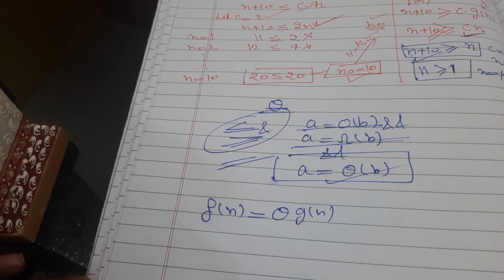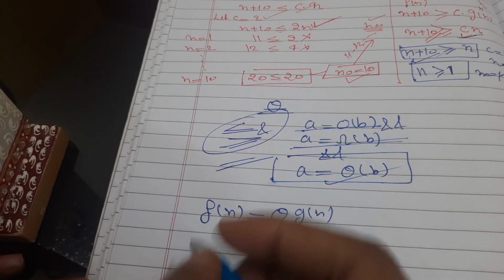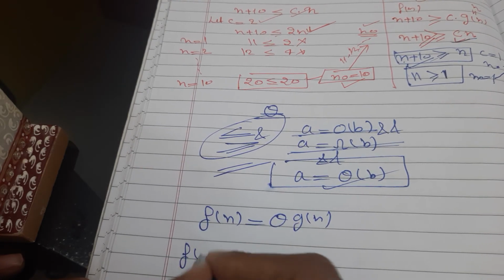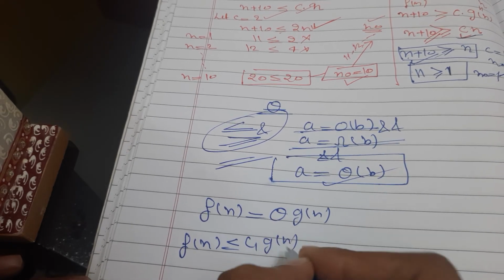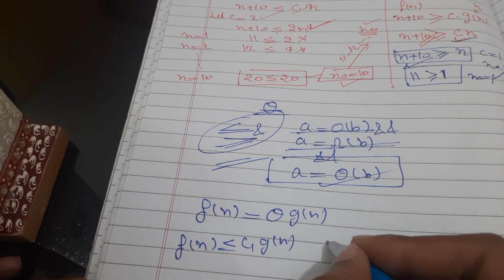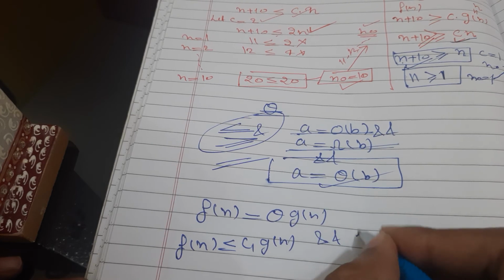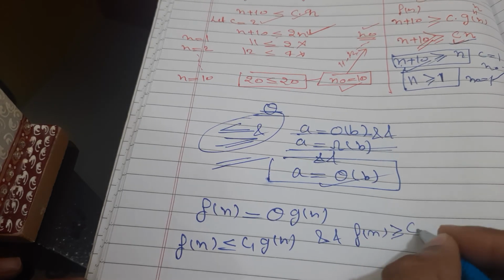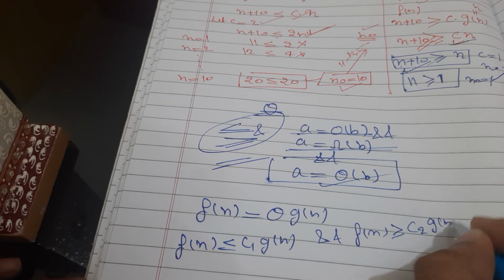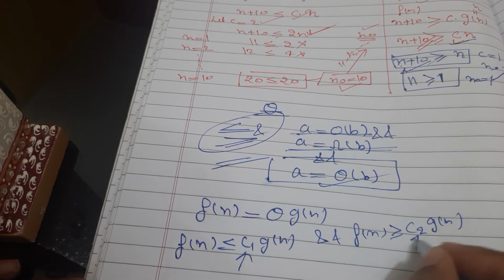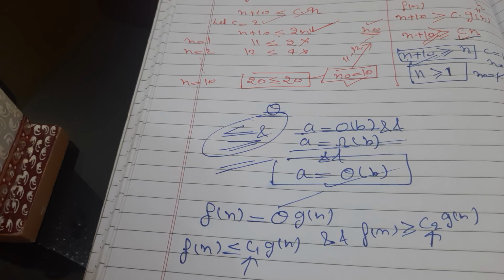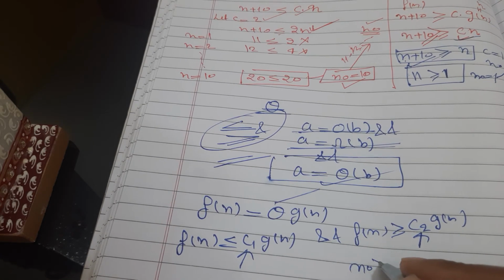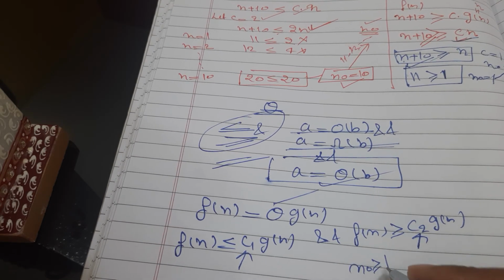We say f of n is theta of g of n when f of n is less than or equal to c1 g of n and f of n is greater than or equal to c2 g of n. With the help of c1 and c2 we prove theta, where n naught is greater than or equal to 1.